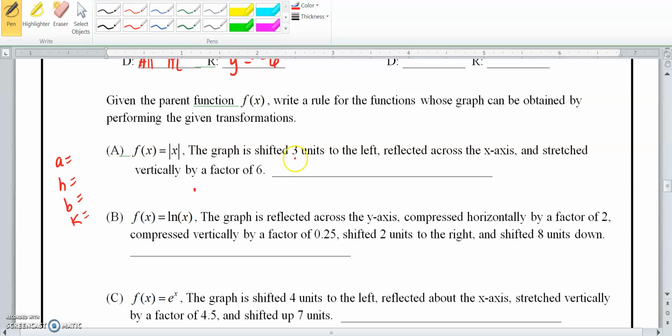So if we're shifted 3 units left, h is negative 3, reflected across the x-axis, that means our a is negative, we don't know what. It's stretched vertically by 6, so that goes there. And that's it. So we haven't been shifted vertically, so k is 0, stretched horizontally, so b is 1.